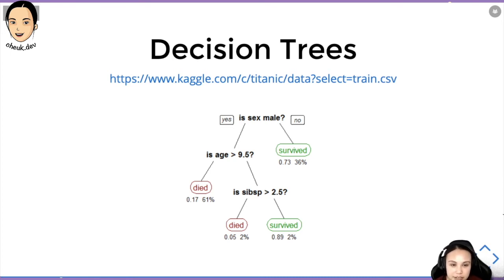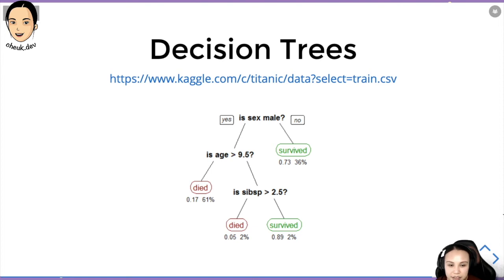So this is a typical decision tree. Is the passenger a male? If they are female, then they have quite a high survival rate. But if they're male, then it will be about the age.